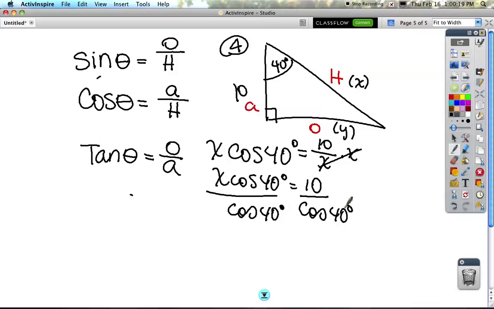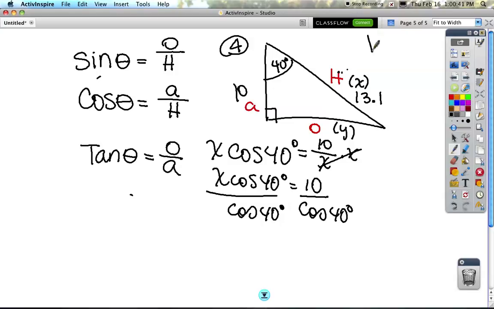13.1. All right, so that's going to be 13.1. Okay, so I'm still not going to cover up what I was given. I'm going to cover up this time the hypotenuse. So what two sides are left? We haven't done this one yet. Tangent. I have O and A labeled.